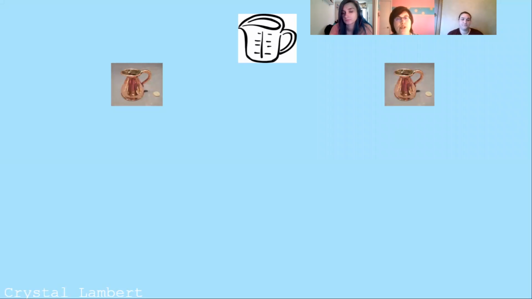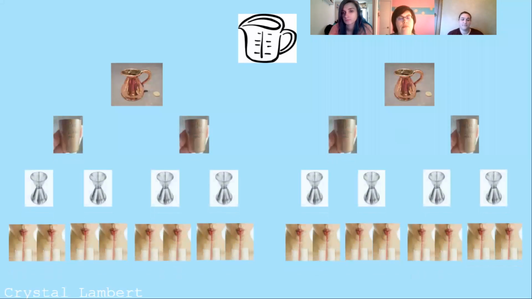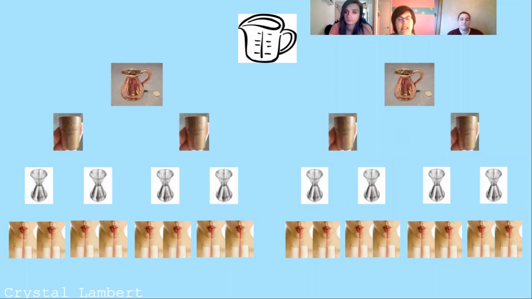If we use what we discussed with Laura, we know that there are 4 jacks in 2 gills, and there are 8 jiggers in... No, 8. Whoa, I just confused us all up. Let's break it down really easy. So in one cup, there are 2 gills and 4 jacks and 8 jiggers and 16 mouthfuls. How about that?